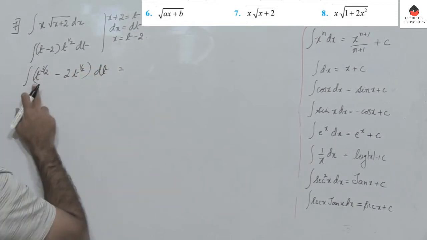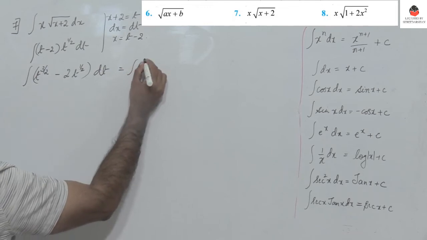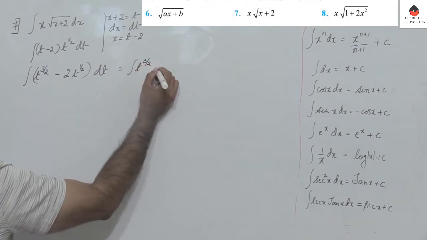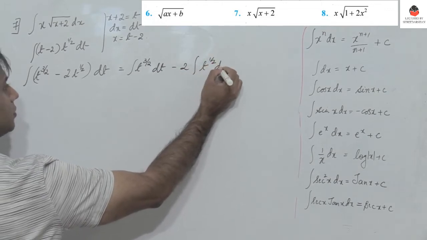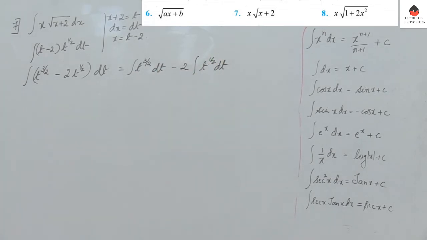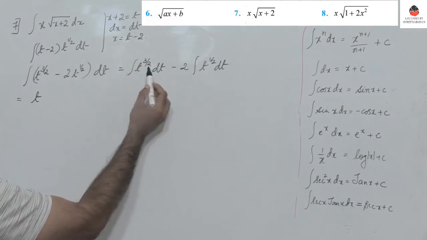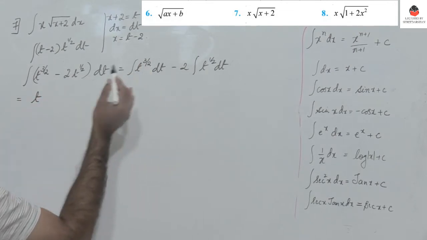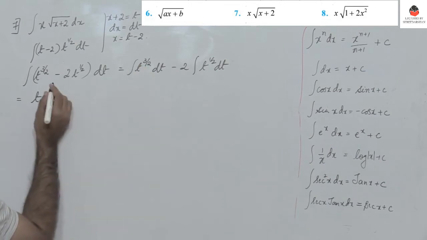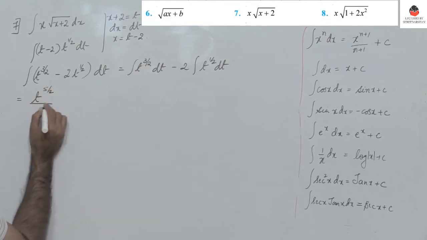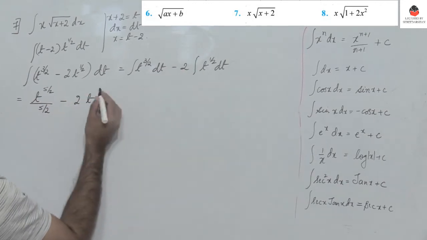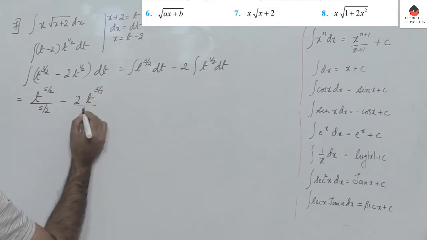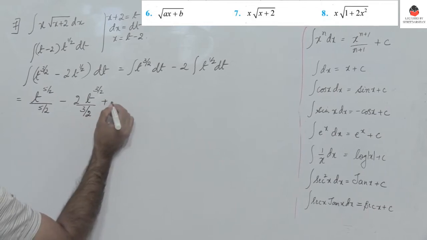Right? So now I can integrate both of them separately. Integral of t power 3 by 2 dt minus 2 into integral t power half dt. So this is of the form x power n dx, right? So I have t power 3 by 2 plus 1 is 5 by 2 divided by 5 by 2 minus 2 into t power half plus 1 is 3 by 2 divided by 3 by 2 plus c.